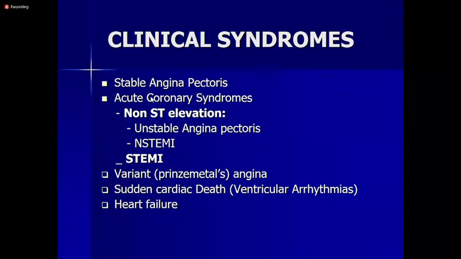We won't talk about that because I'll confine myself to the ischemic syndromes. It can also present just as heart failure, which again we won't talk about because there's a lecture on heart failure. So the rest of this lecture will confine itself to the three syndromes here: chronic coronary syndrome, acute coronary syndromes, and a little bit about variant angina.